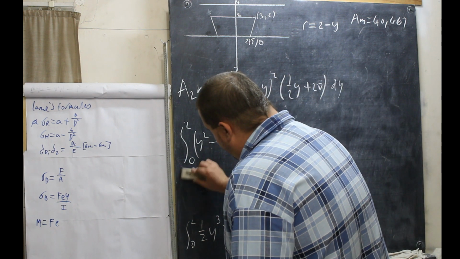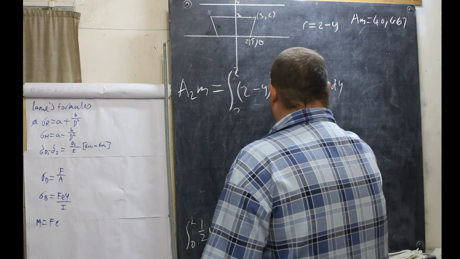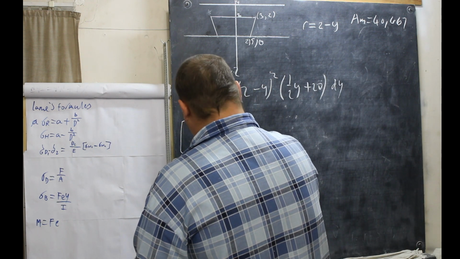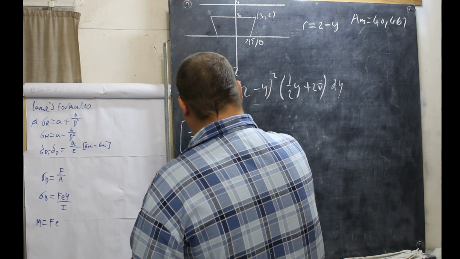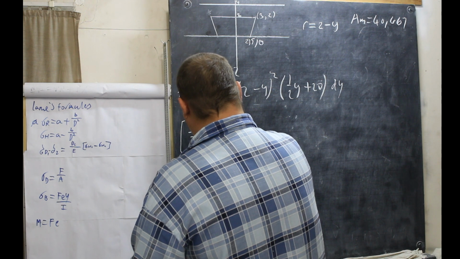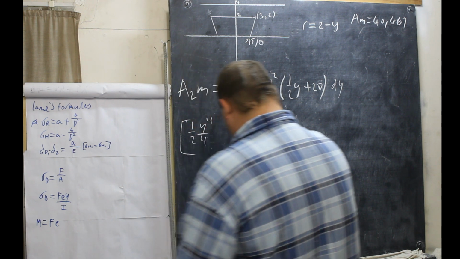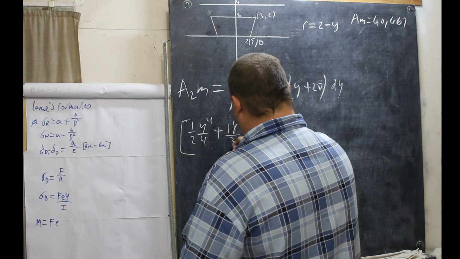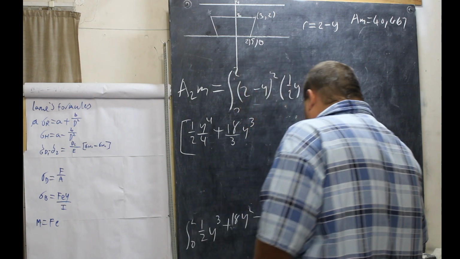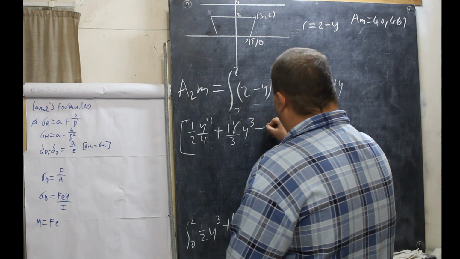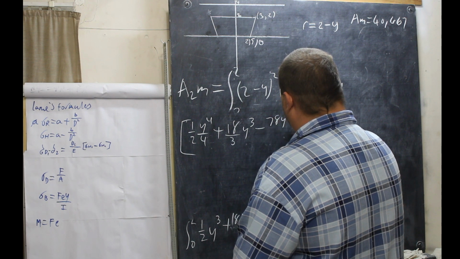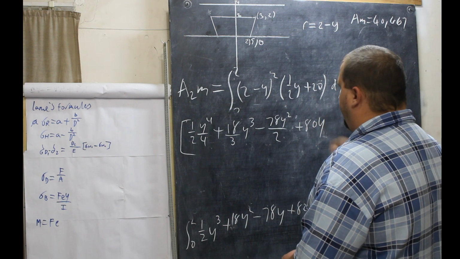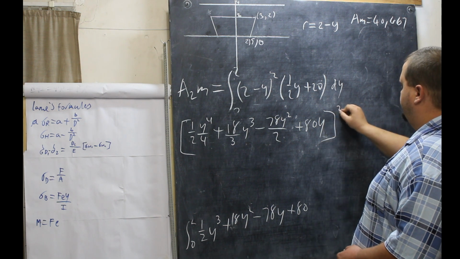So next step is integration. So a half y over 4 to the power 4, plus 18 over 3 y cubed, minus 78y squared over 2, plus 80y, 2 and 0.